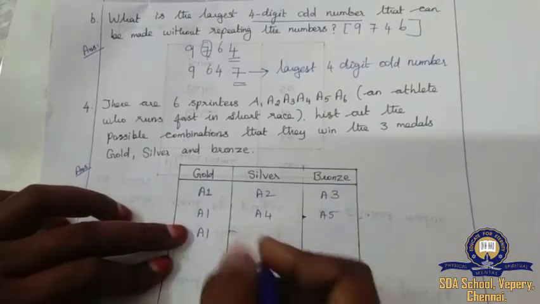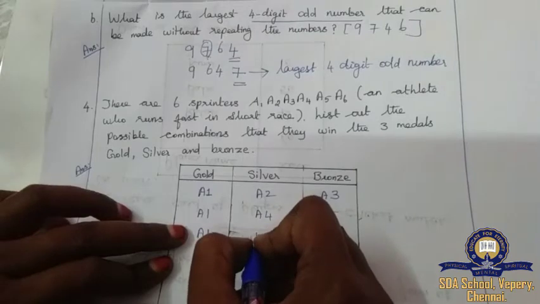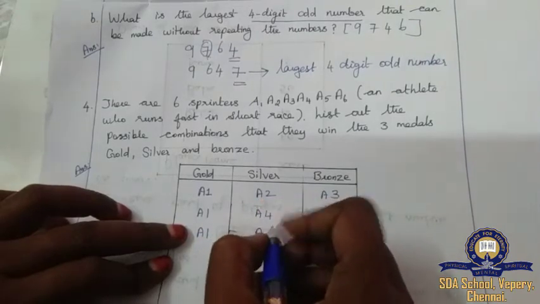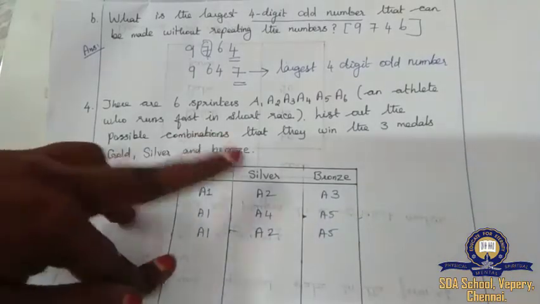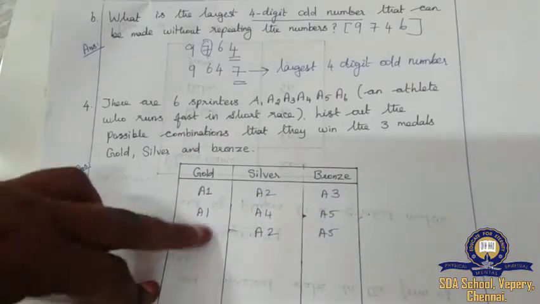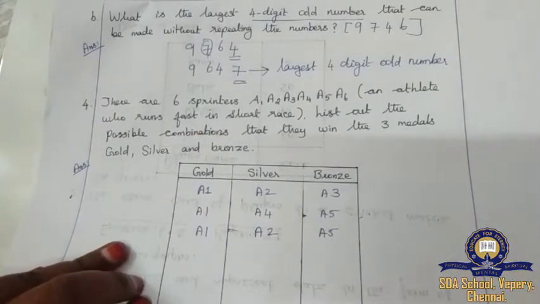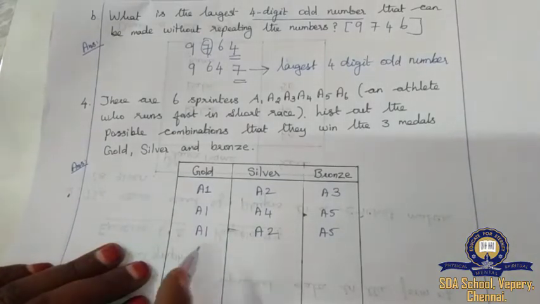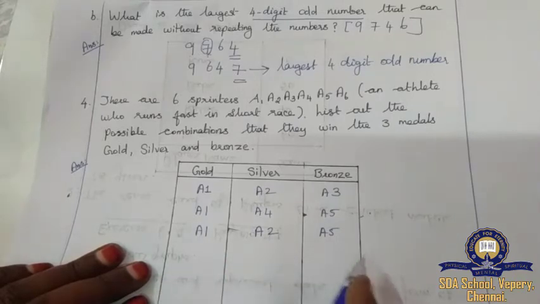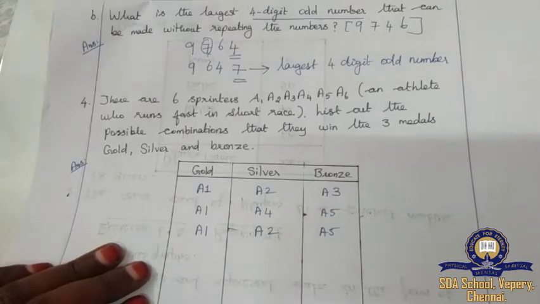Or another combination, A1 here, A2, A5. Like this you can form. The remaining you can form as homework. The next one, A2 can get gold and the other 2 can get silver and bronze. Like that you have to combine all these 6.